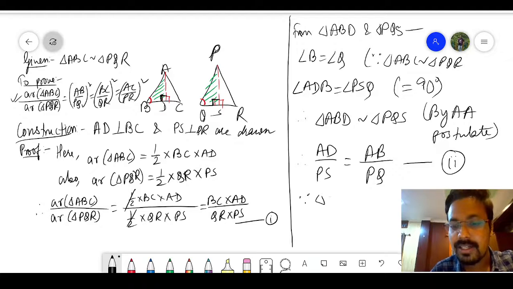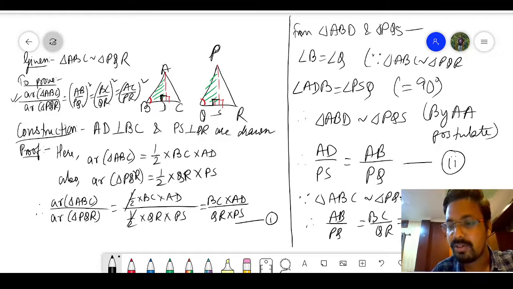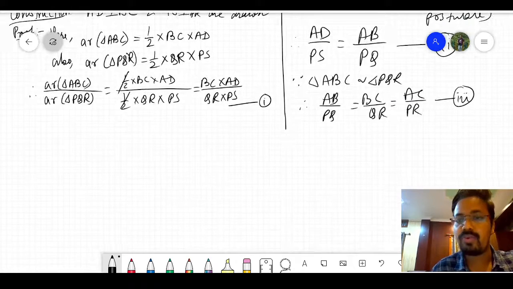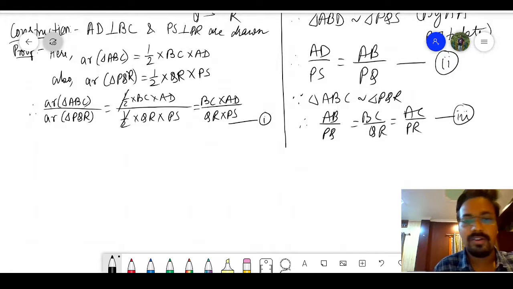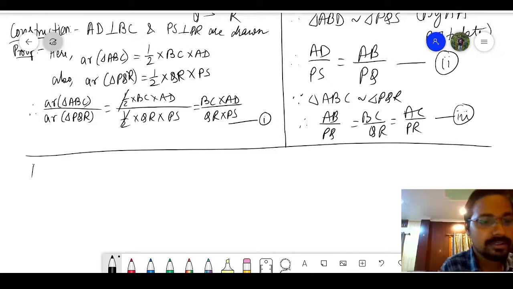Since triangle ABC is similar to triangle PQR, their corresponding sides will also be proportionate. So we will have AB by PQ equal to BC by QR equal to AC by PR, right? This is number 3. Now what do we get from 2 and 3?